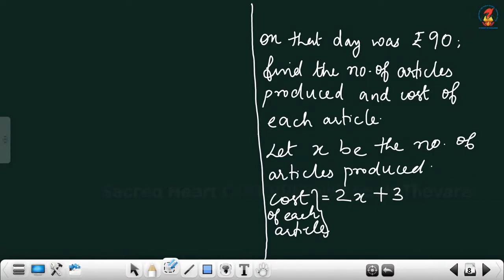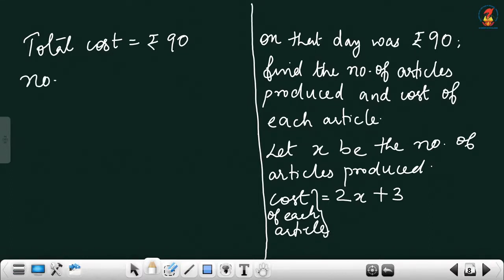And the total cost of production on that day was rupees 90. Total cost is given as rupees 90. Find the number of articles produced and cost of each article. So, total cost is equal to number of articles into cost of each article.